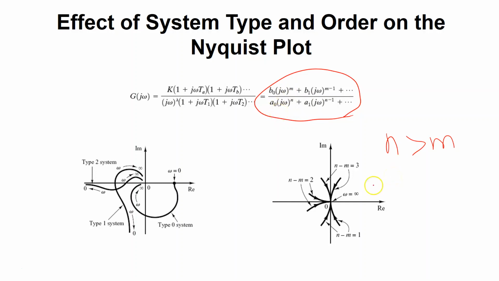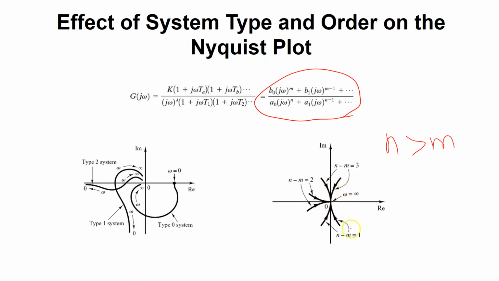Now, what's the difference if n is 1, 2, 3, or 4 units bigger than m? The only difference is the direction at which the Nyquist plot curve approaches the origin. They will all approach the origin, but from which quadrant depends on n minus m.